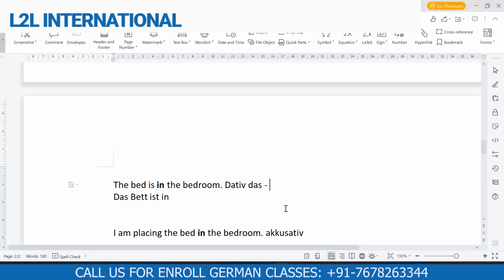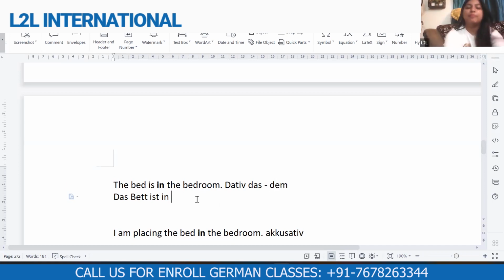Yeah, it's dem. So it will be: das Bett ist in dem Schlafzimmer. And what is the short form of in plus dem? Last chapter. It is im Schlafzimmer.